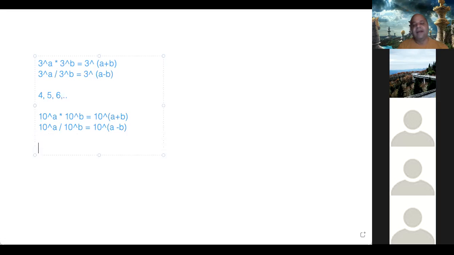Now there is another way, which is how the logarithm is defined.